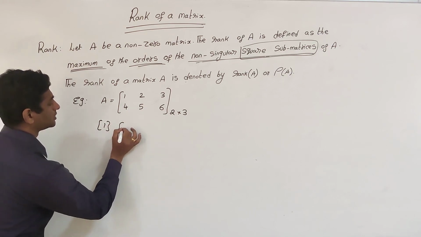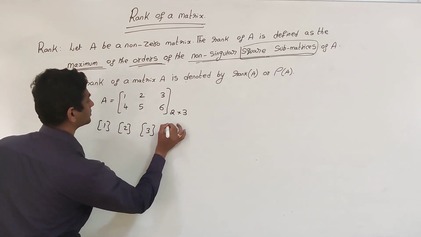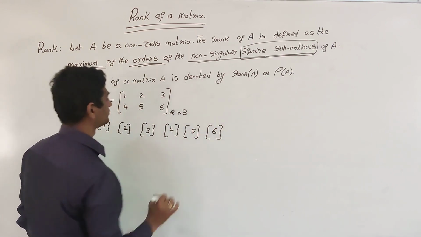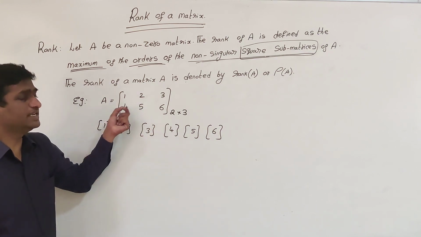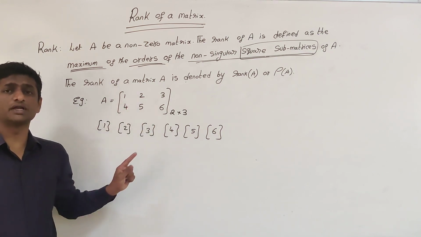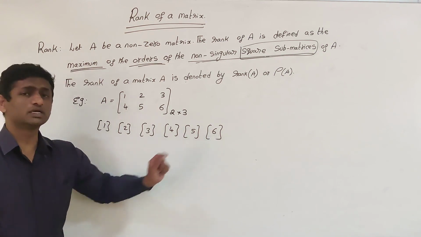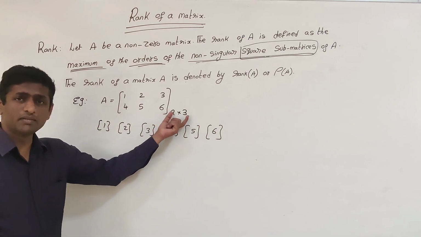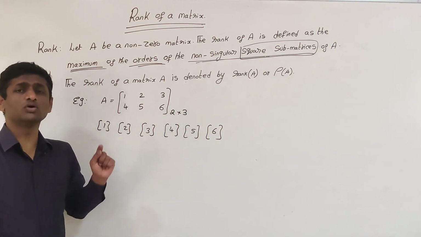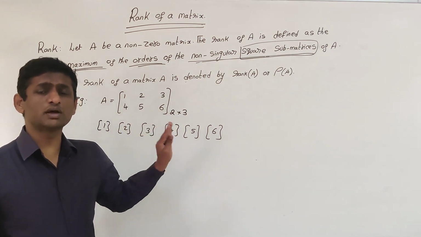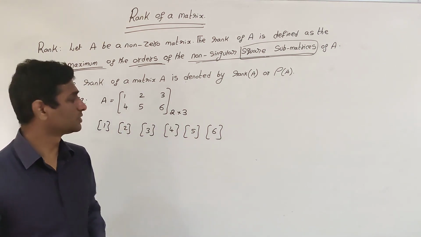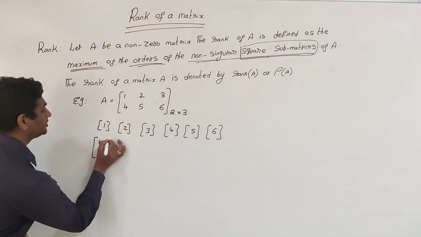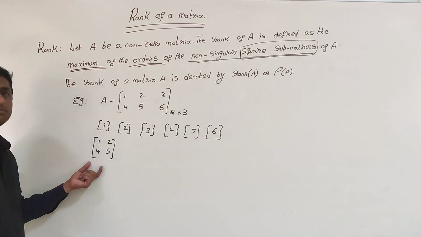1, 2, 3, 4, 5, 6. Each and every element is a submatrix of order 1. The minimum of 2 and 3 is 2, so we can find square submatrices up to order 2 only. Now let me write the 2 by 2 matrices. 1, 2, 4, 5 is one submatrix.